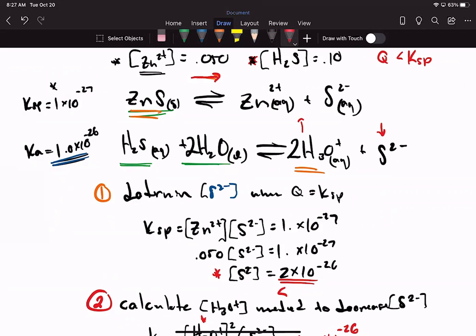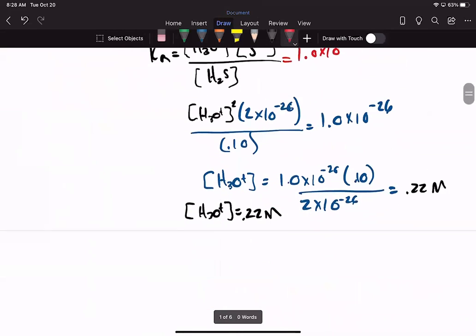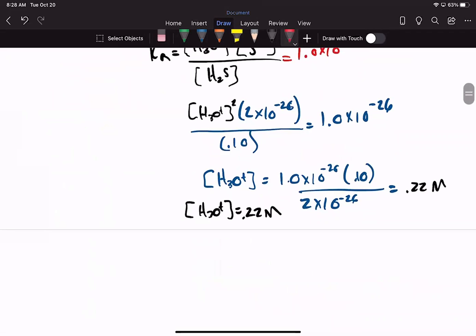If we increase this concentration, we decrease this concentration, and that will shift this reaction to the right and prevent precipitation. So here, the H3O+ concentration has to be greater than 0.22 molar in order to prevent precipitation from these two reactions mixed together.